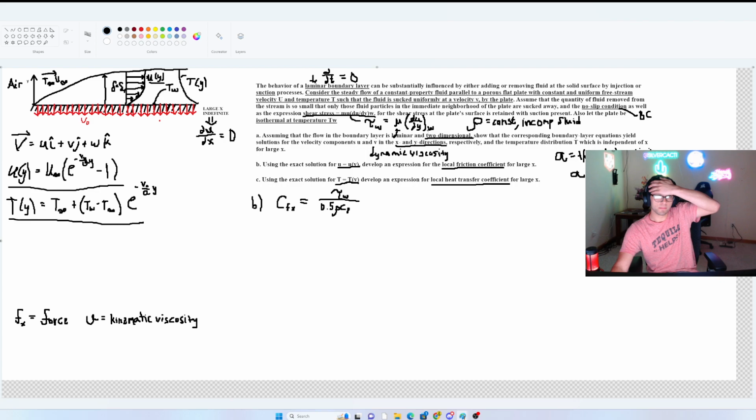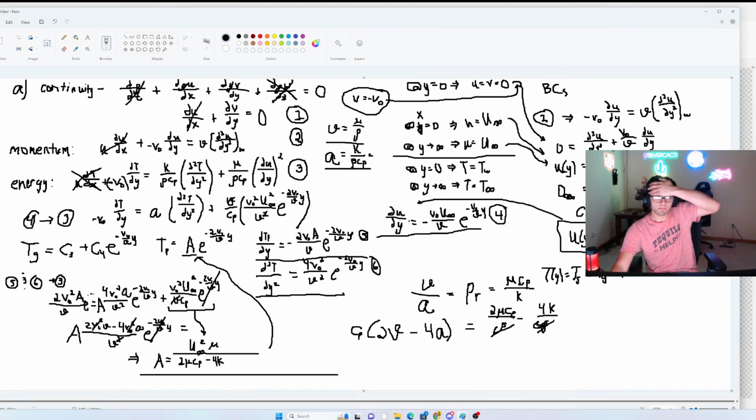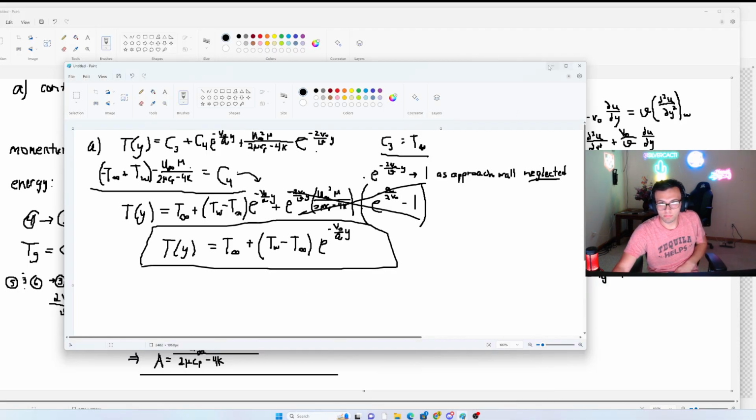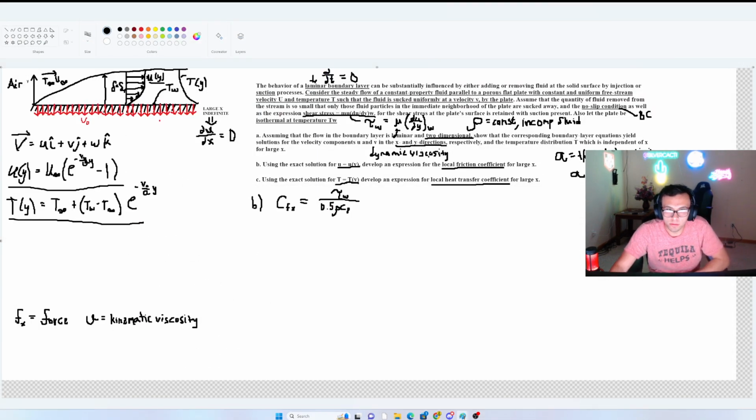You just plug in 0 for this, which was the value we got from before for the partial derivative of u over y. We know that tau sub W is going to be equal to U infinity V sub O over viscosity times mu. Right?